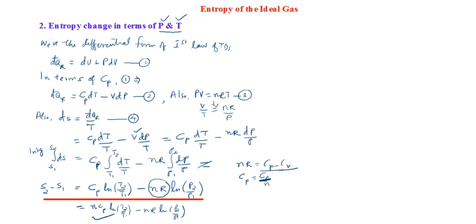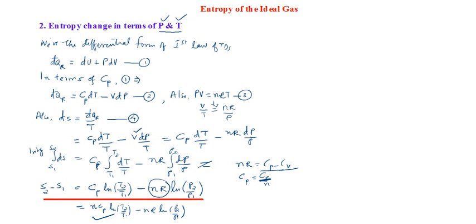Now in the same manner we are left with one more attempt: in terms of the volume and the pressure. We have seen the combinations of temperature and volume, then temperature and pressure, so what is left is pressure and volume.